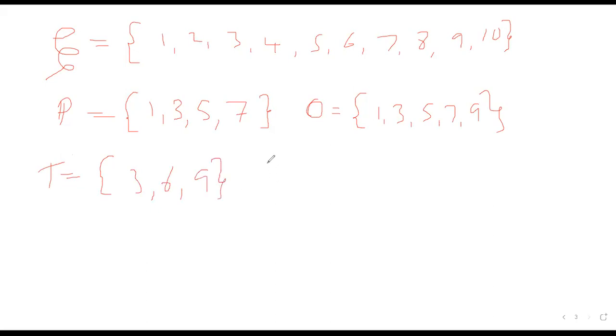Then the numbers divisible by 5 are 5 and 10. And finally, which ones are the even numbers? 2, 4, 6, 8, 10.